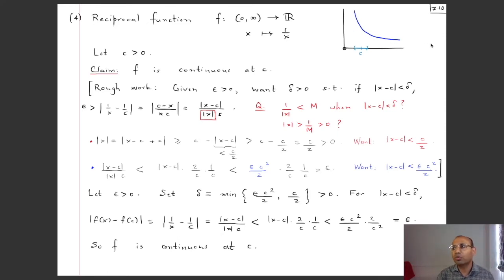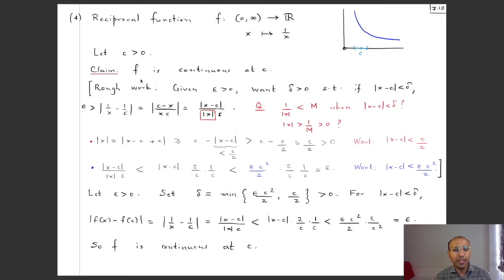But the graph has no breaks, so we expect the function to be continuous at each of the points in its domain. The points in the domain are positive numbers, so let C be a positive number, and we suspect that the following claim is true, that the function is continuous at C. So what do we have to do to check this statement?